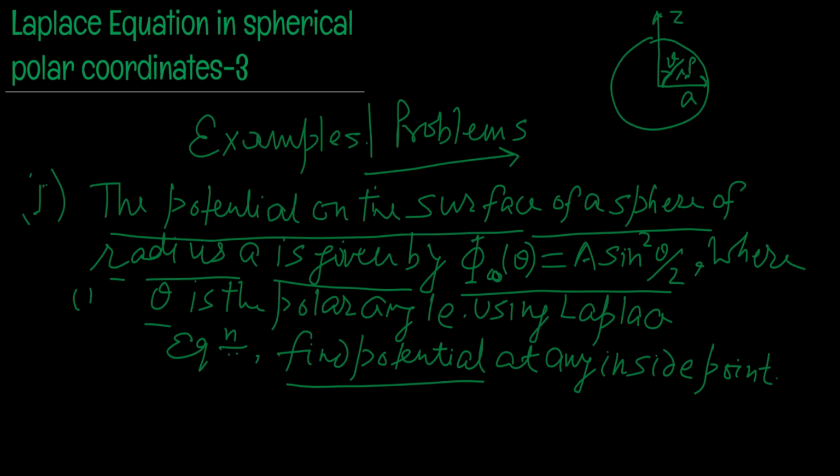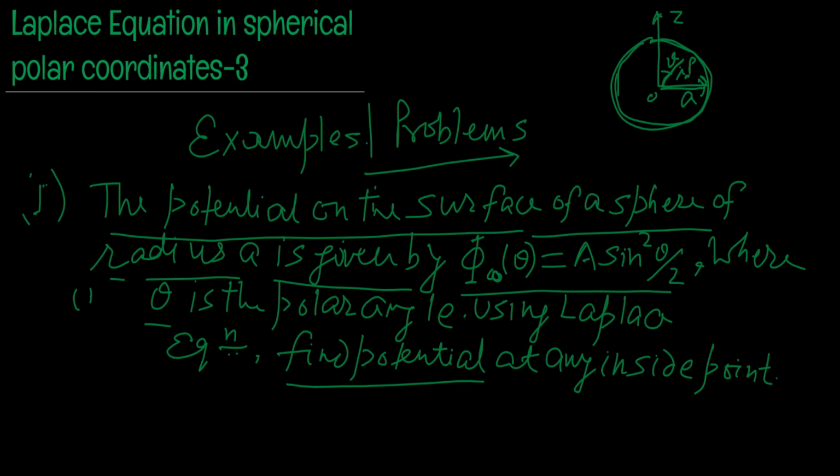Let us see this. Suppose this is a sphere of radius A. You see here in the figure that the radius of the sphere is A, and I have taken the polar axis, that is Z axis, and P is a point whose distance from the center of the sphere is R, and this point is inside the sphere.